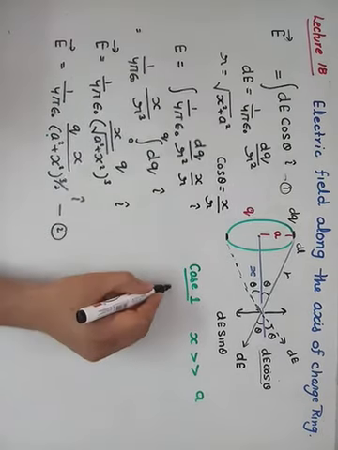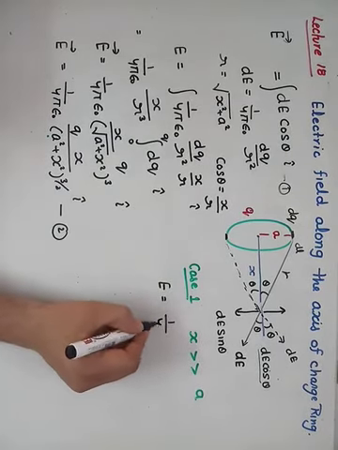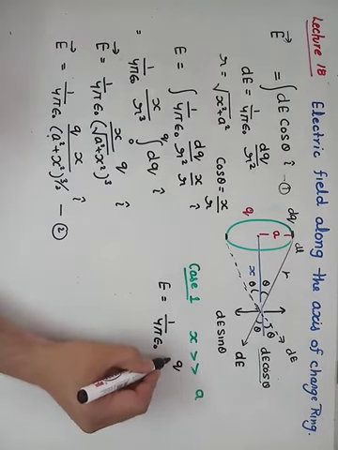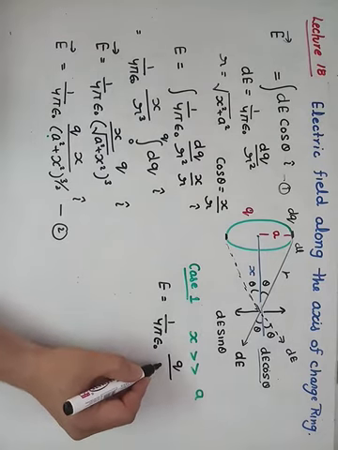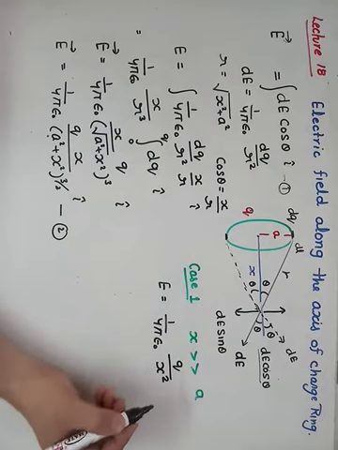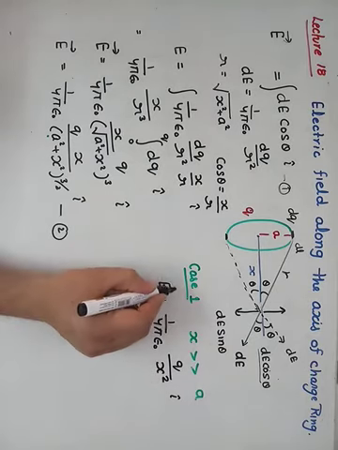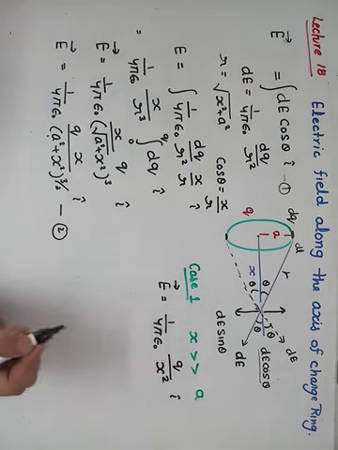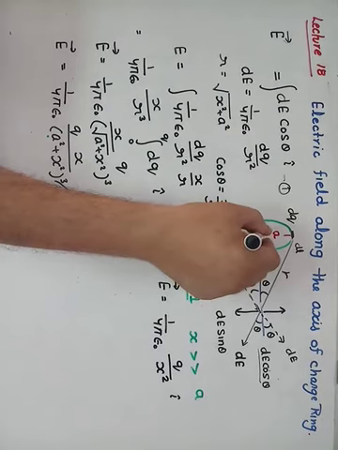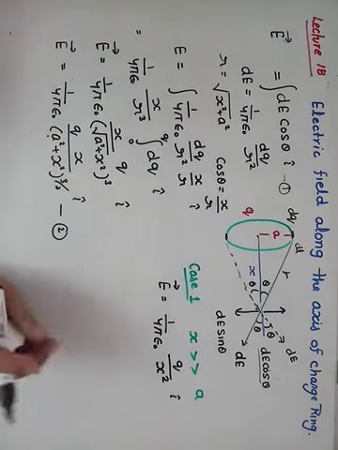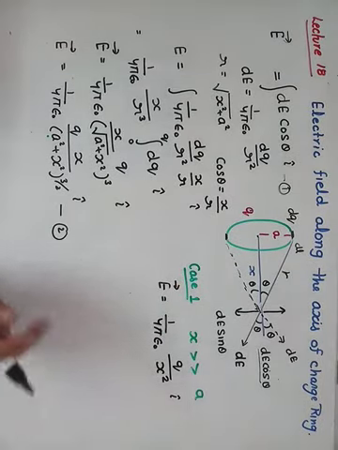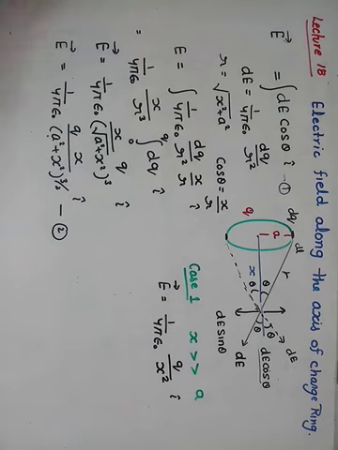We get E equal to 1 upon 4 pi epsilon naught, Q upon x cube, and one x will cancel out, we get x square. Direction will still be i. That means we can consider the total charge to be concentrated at the center of the ring, and we can consider the simple formula of the point charge when the distance is very large as compared to the radius of the ring.